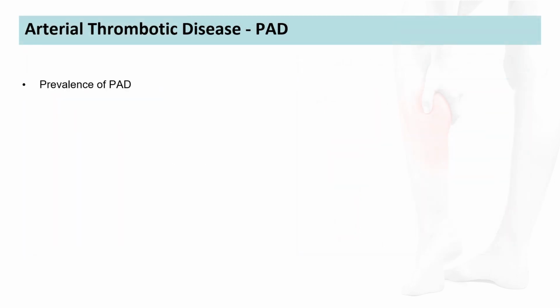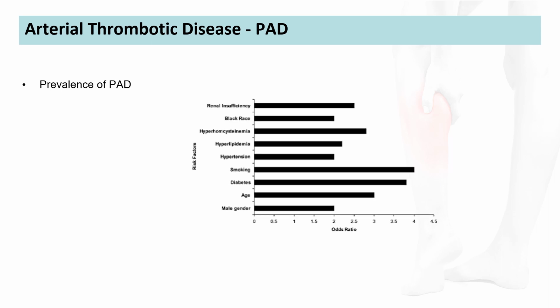In general, the prevalence of PAD is on the rise, firstly because of the increased incidence of lifestyle-related diseases, and secondly because we have started to detect a larger majority of them. Now, if you see the risk factors for chronic PAD, you'll see that it parallels that of coronary artery disease, and that's why many of the treatment recommendations in the earlier periods were actually an extrapolation from the coronary artery data.